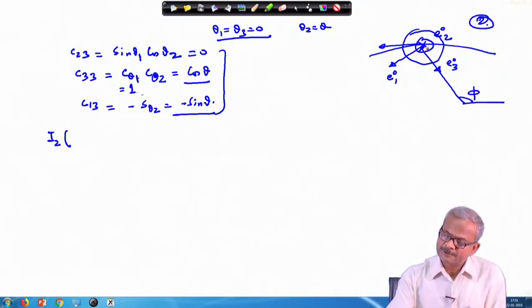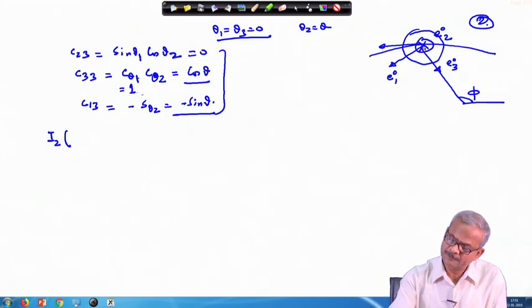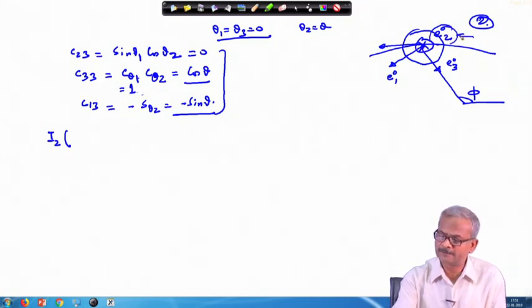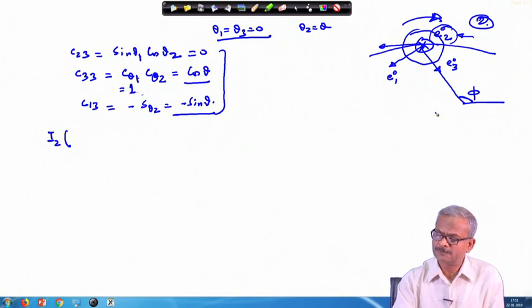So, you can see the positive direction of rotation about the E02 axis is in this sense. Okay, so it is opposite to the phi direction.